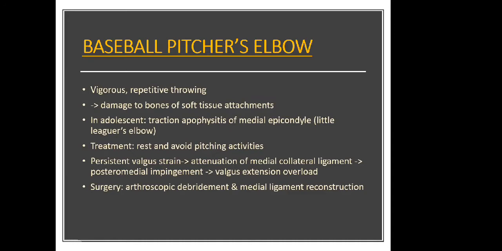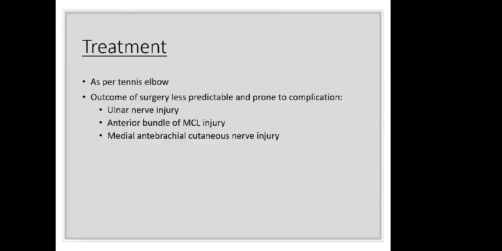The pathophysiology is because of persistent valgus strain. Then we'll have medial collateral ligament attenuation, which will cause posteromedial impingement, and then a valgus extension overload. So the treatment is by arthroscopic debridement and medial ligament reconstruction. That's all.